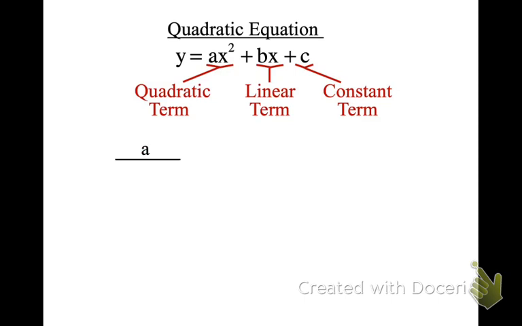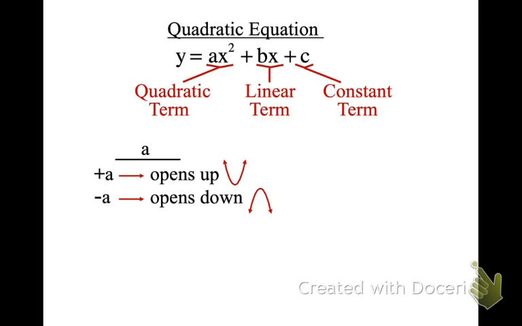All right, now yesterday we talked about what happened with our absolute value functions. When a is positive, it opens up. When a is negative, it opens down. These are our critical features, okay? We also talked about what happened when we multiplied an absolute value or a quadratic by 2.